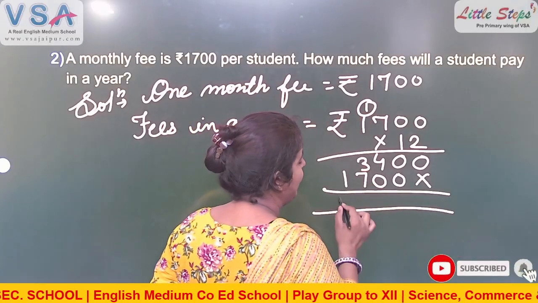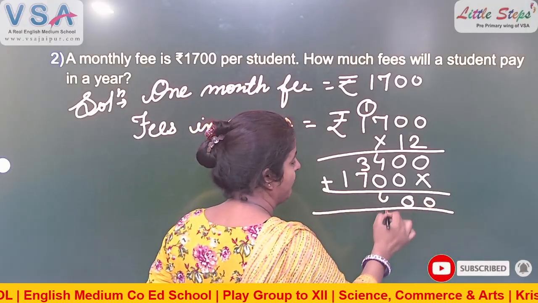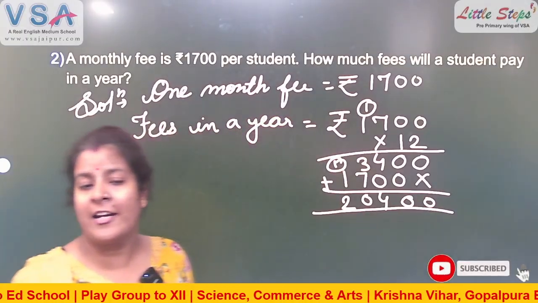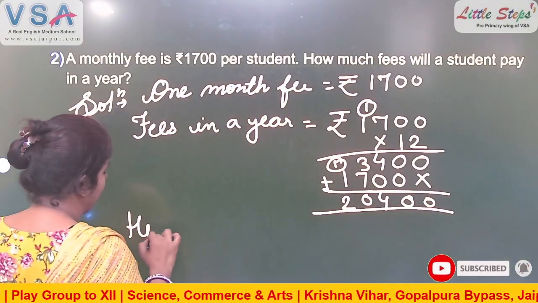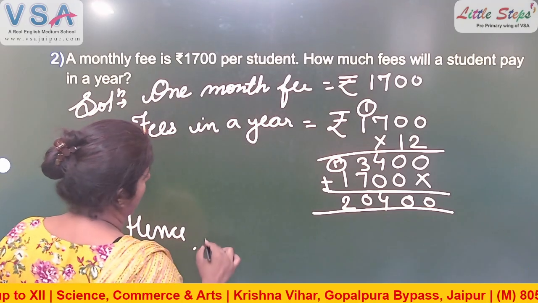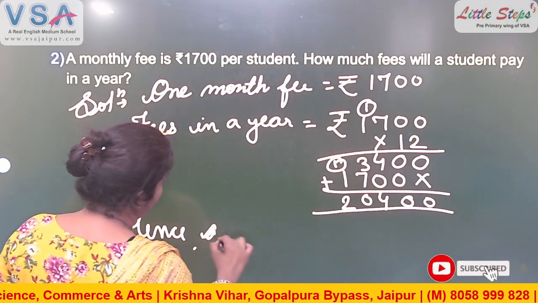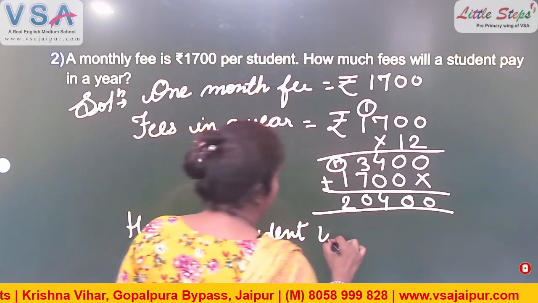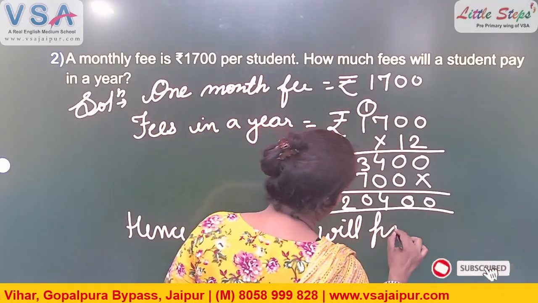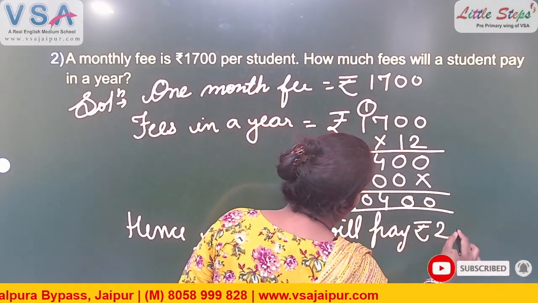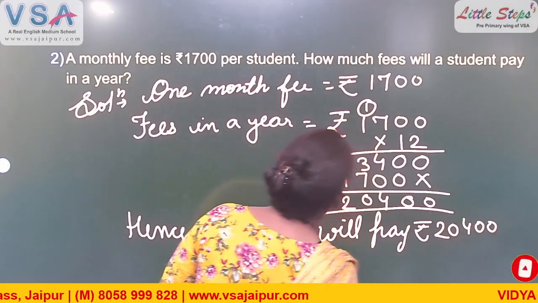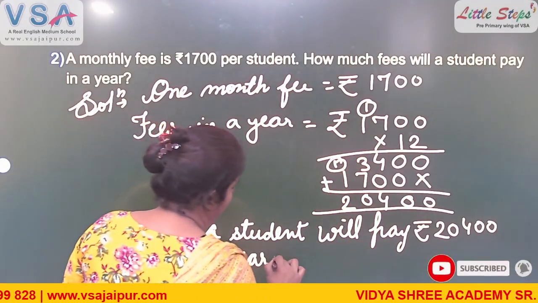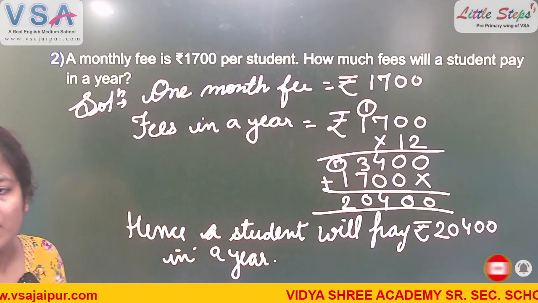So we get the answer: 20,400 rupees. Okay. So hence a student will pay 20,400 rupees in a year. Okay. Do you understand, class?